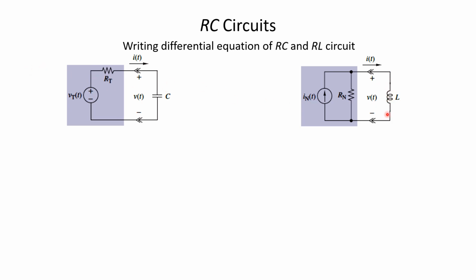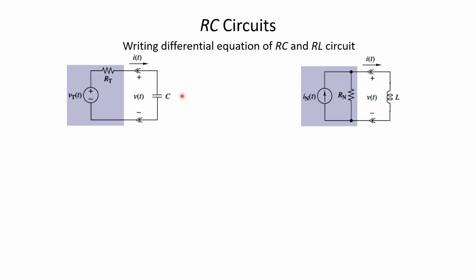We have an inductor here, and the whole of the circuit which excites this inductor is represented with the help of a Norton equivalent. We have deliberately used the Norton equivalent with the inductor and the Thevenin equivalent with the capacitor.